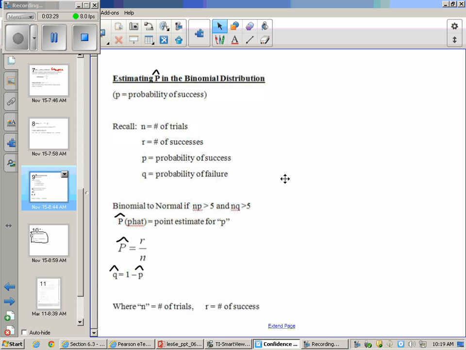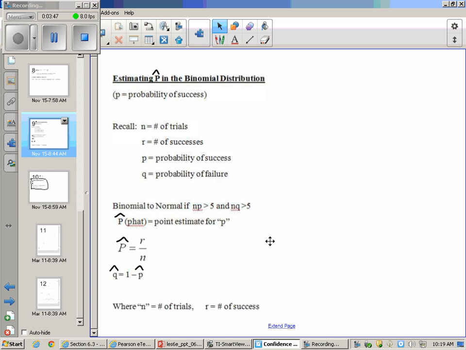Binomial to normal: if n times p is greater than 5 and n times q is greater than 5, then we have a p hat. Usually they'll tell you the population proportion. So p hat is just taking r over n and getting an answer. That is your point estimate for p. The q hat is 1 minus the p hat.